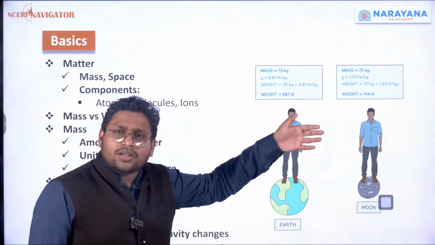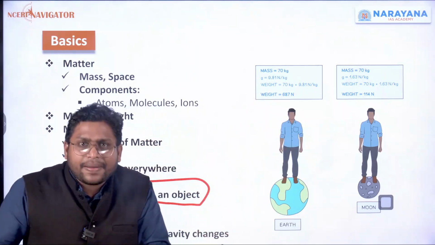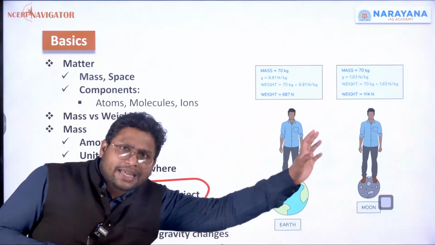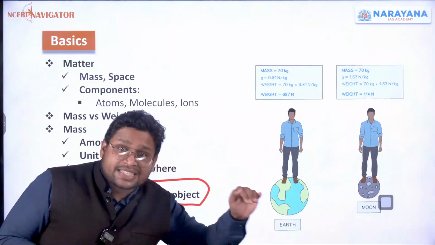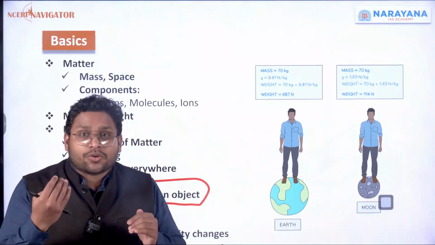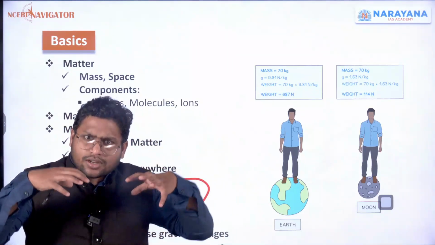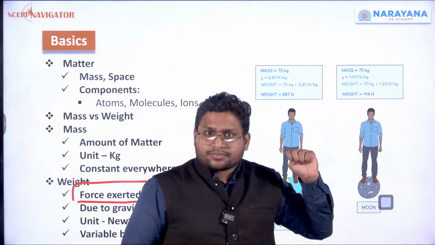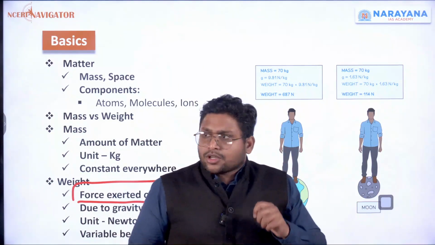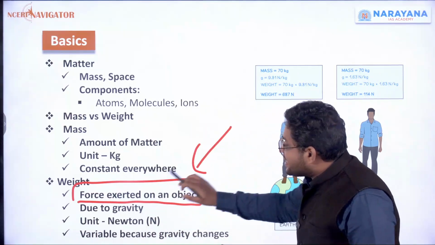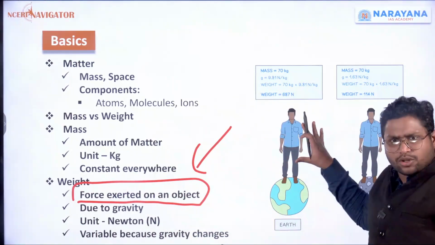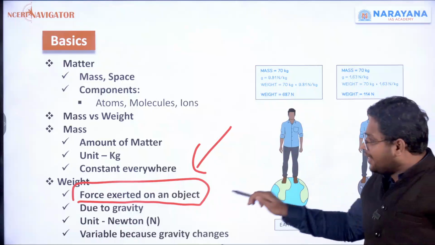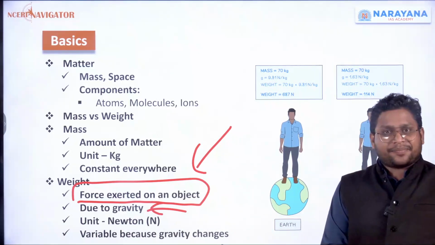You go to moon, the gravity is very less as compared to earth. There will be gravity, but it will be relatively less. On earth, it is more. So if you check the weight on earth, it will be way more than your weight on the moon. Getting the point? So weight is the force exerted on an object or anyone, on this human being also. And here the role of gravity is there.